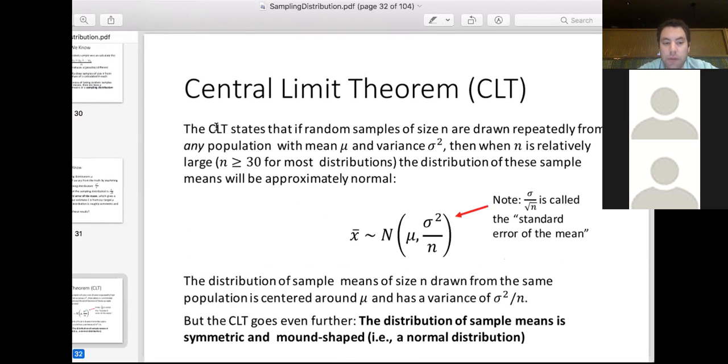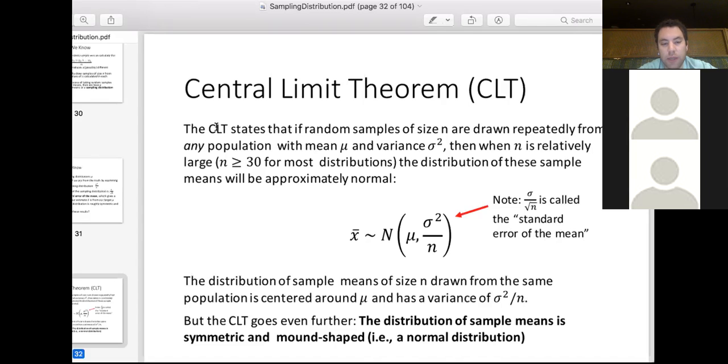To introduce the central limit theorem: it states that if random samples of size n are drawn repeatedly from any population with a mean of mu and a variance of sigma squared, and n is relatively large, greater than or equal to 30 for most distributions, then the distribution will take on approximately a normal distribution.